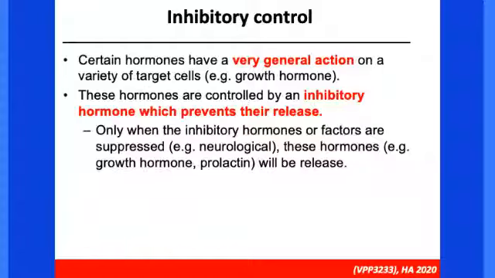I think at the end of this lecture, we have some examples of diseases under the endocrine system, so maybe later we will see the content of the disease of the endocrine system. So this is inhibitory control, a very specific hormone for certain target cells, for example, growth hormone.